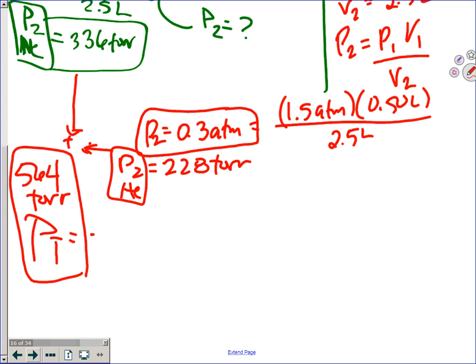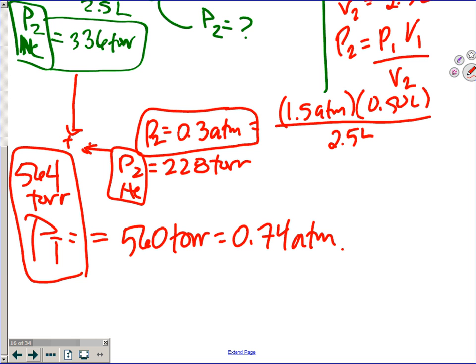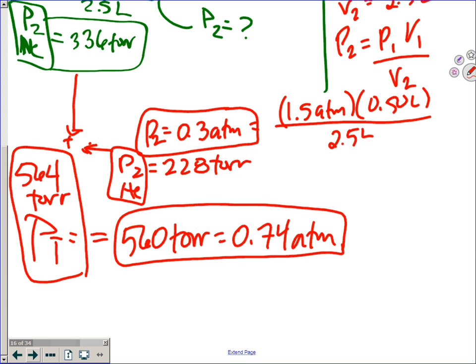Yeah, there was not a designated variable here. So 560 torr, which is how many atmospheres, Darcy? 0.74. So both of those are 2 sig fig. So those plus probably many other answers would be acceptable.